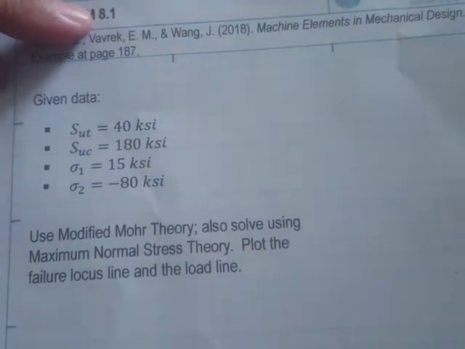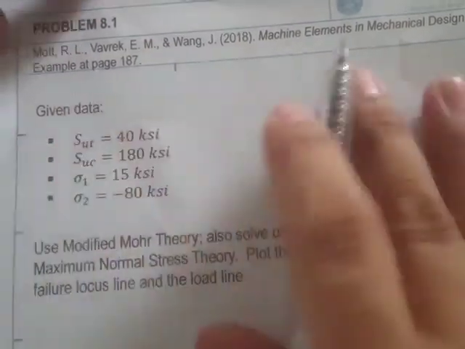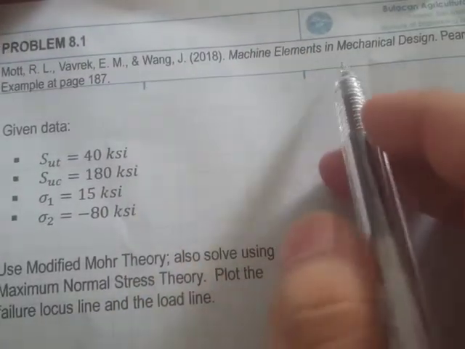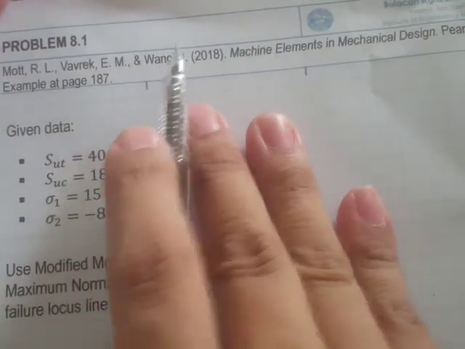Okay, so now we are going to do a sample problem regarding these two failure theories. This problem is taken from the textbook by Mott et al., Machine Elements in Mechanical Design, and this is an example at page 187.